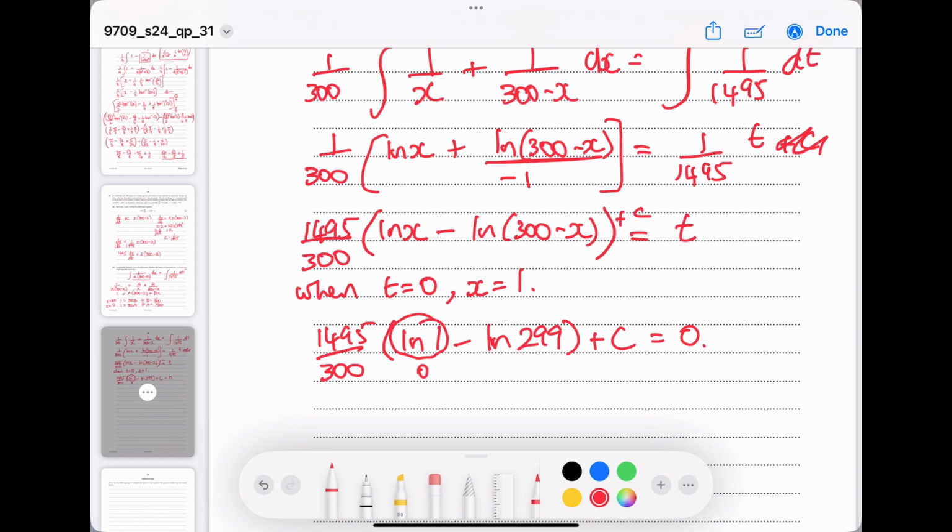So we've got c is equal to 1495 over 300 ln 299.